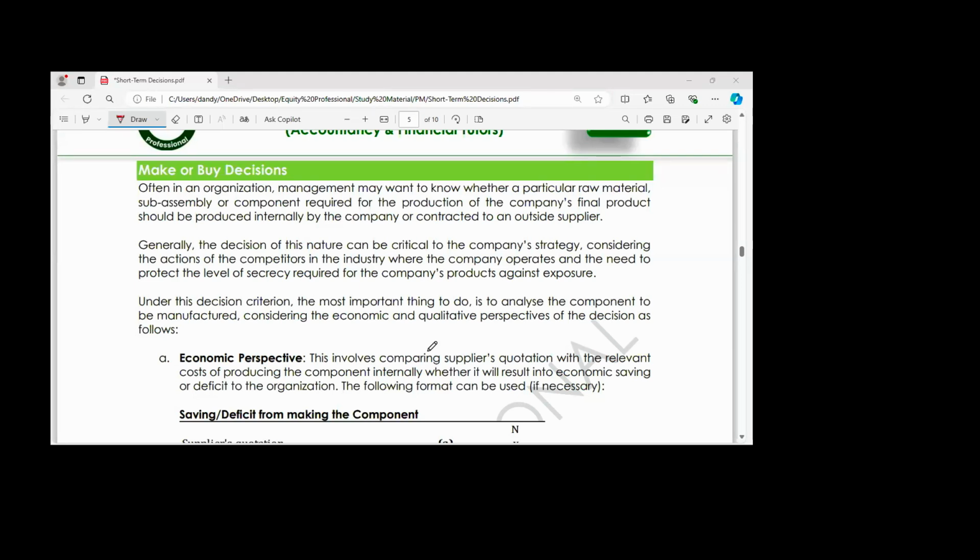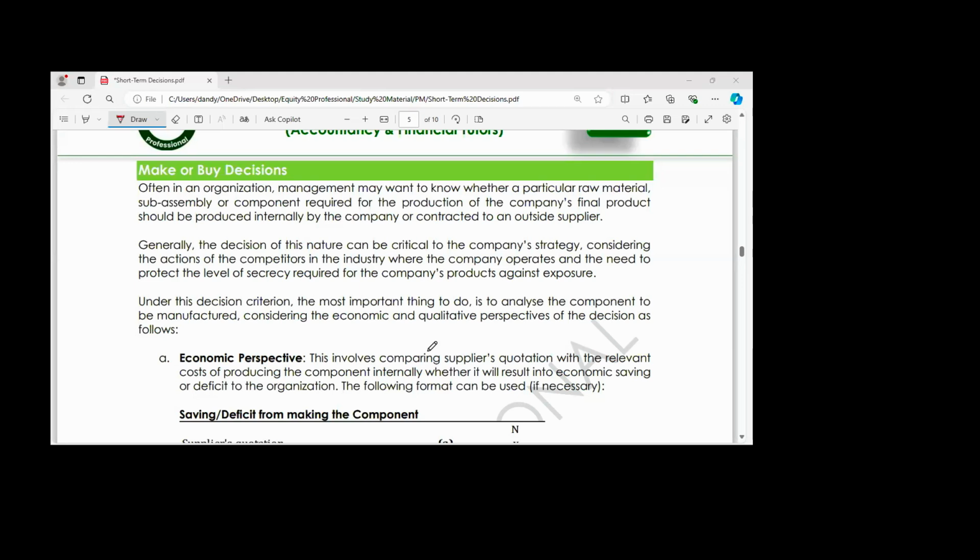Remember, I told you earlier, the primary purposes of make or buy are just two. One, to achieve savings for the organization. Two, to ensure that a reliable supplier is available to satisfy the existing capacity level or requirement. So these are the main reasons for make or buy.